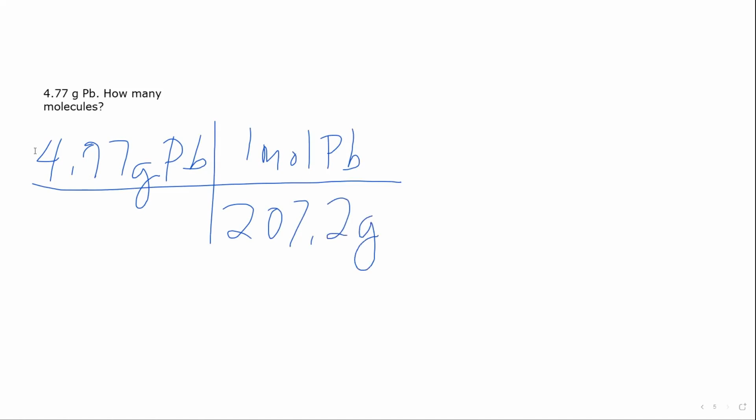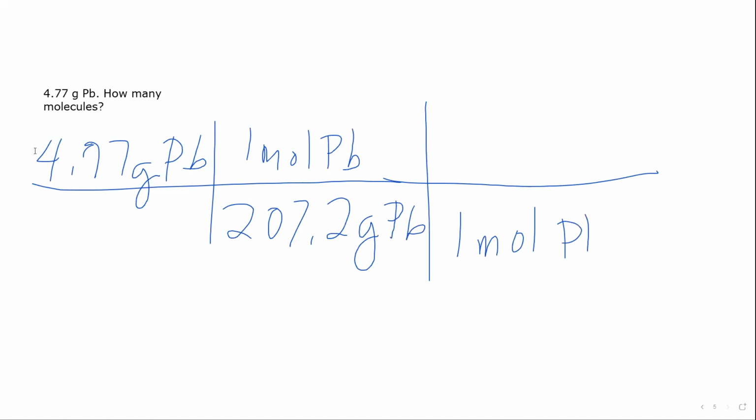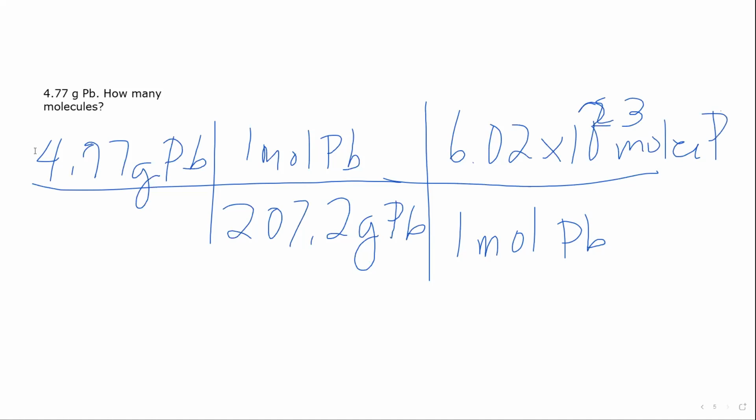But we don't just want moles of lead, so we need to keep going. Now, 1 mole of lead, again, is going to give us 6.02 times 10 to the 23rd atoms of lead. So we multiply the top two numbers and divide by the bottom.